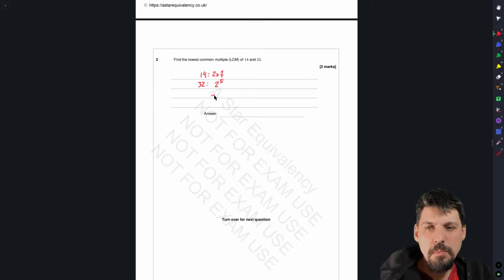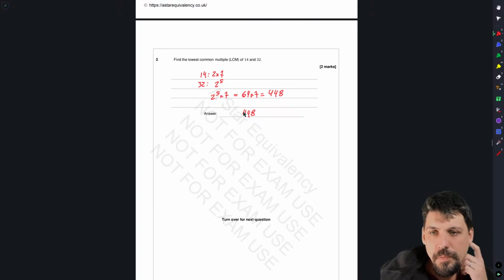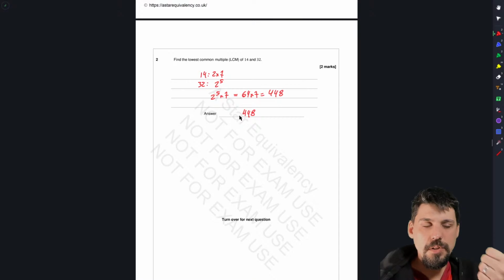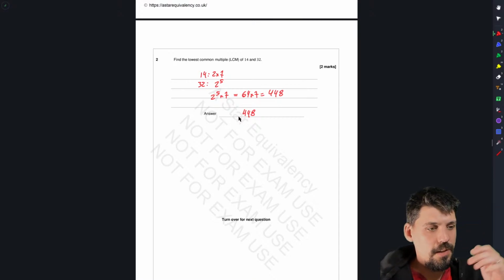So my LCM will be 2 to the 5 times 7, which is 64 times 7, which is 448, I think. 7 times 60 is 420, plus 28 is 448. 2, 4, 8, 16, 32, yeah.